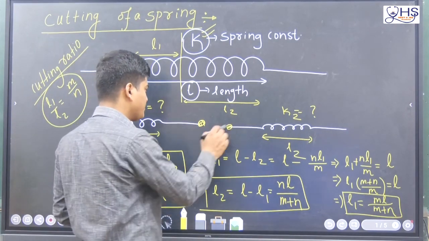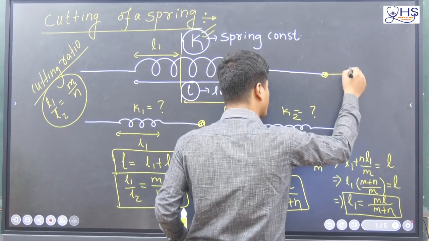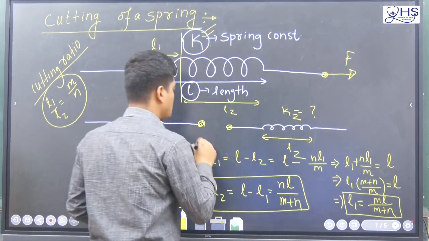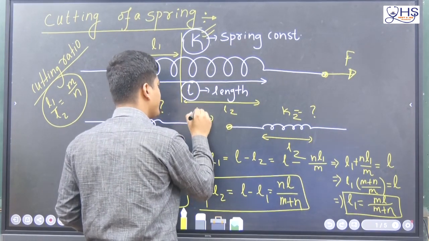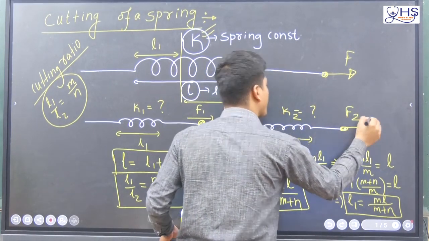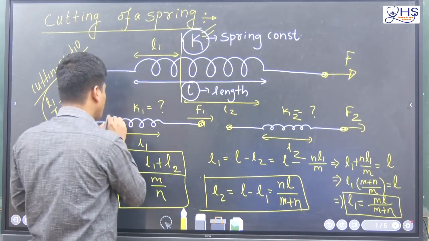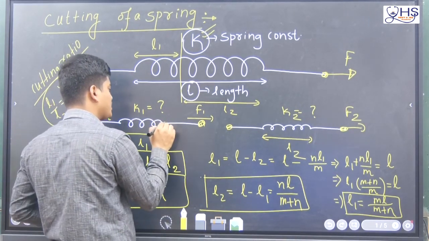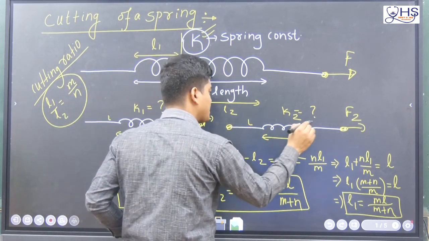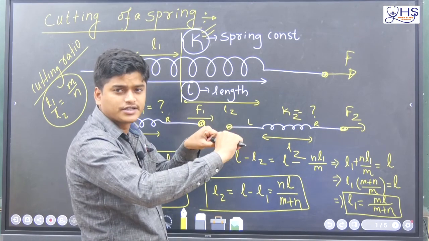That means if they are connected in series, whatever force F you give here, the same force F1 will be here and the same force F2 will be here. Connected in series means the left side of one connects to the right side of the other.